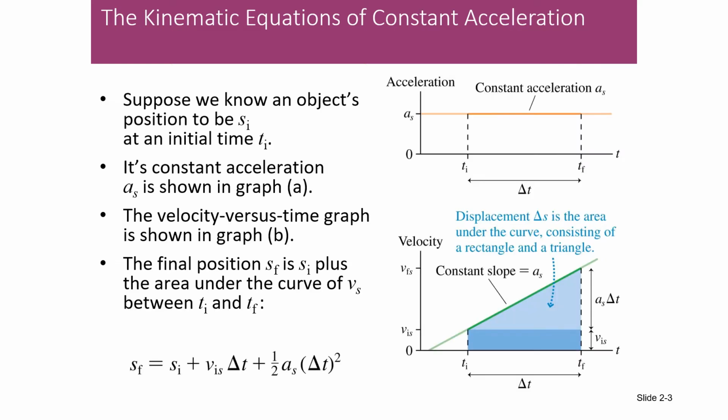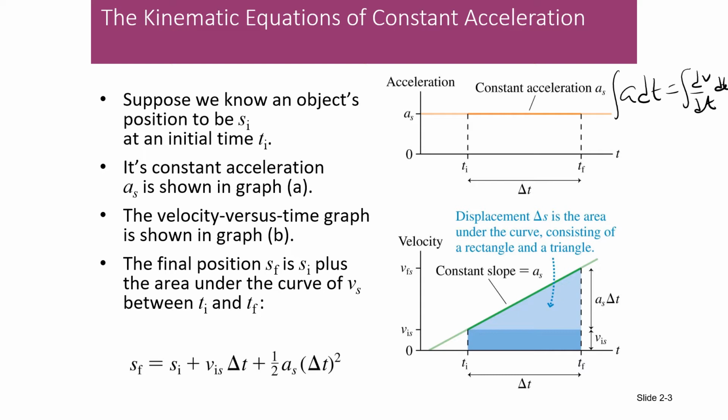Now, if we have a constant acceleration, if we take the integral of that acceleration over time, we will get our velocity. Shouldn't be too surprising. The integral of acceleration over time is the integral of dv dt, and so you get that change in velocity.